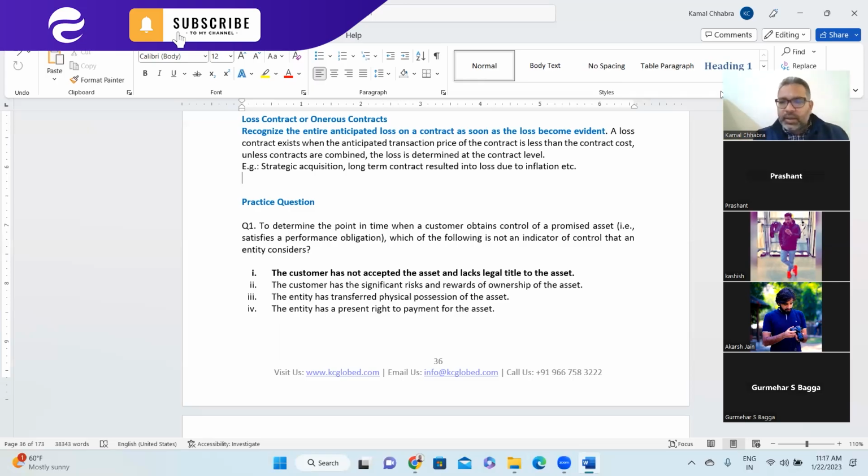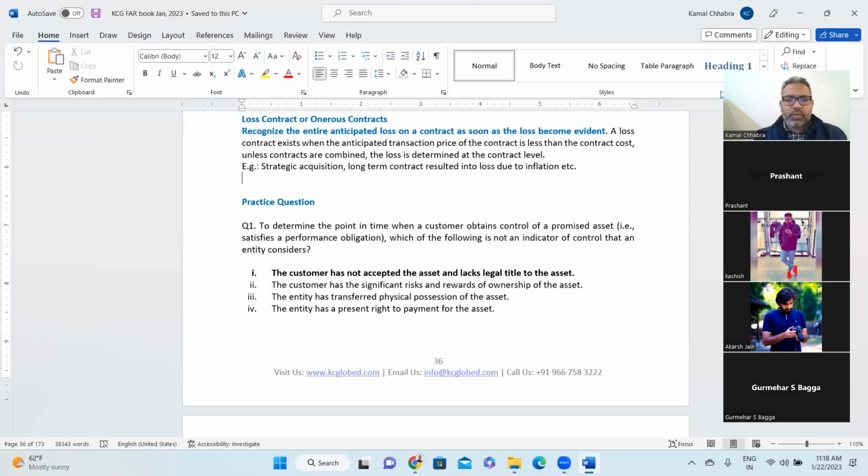We are not making any accounting entry at this point of time. We make an accounting entry if and only if there is a net loss. Otherwise, no accounting entry is required. If it is a net favorable position, then we are not required to make any accounting entry.